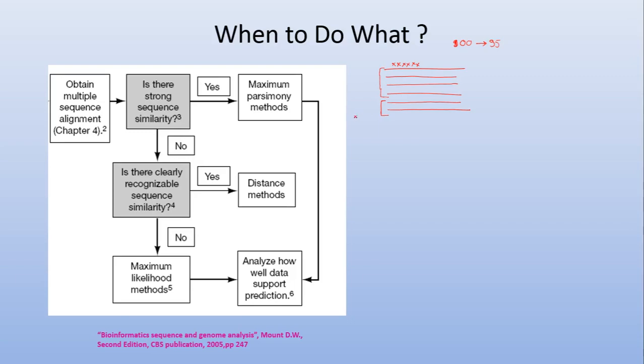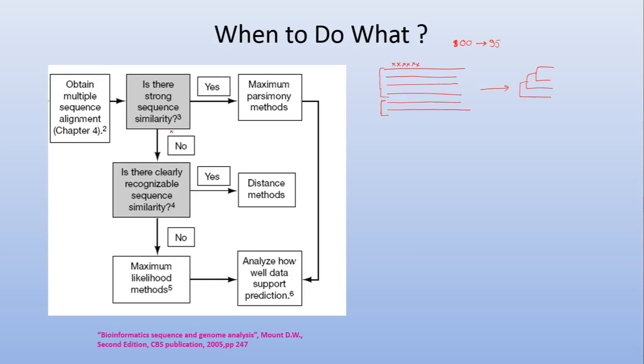At the end of these methods, you would be able to generate a tree by using any of the methods, distance based or character based. And finally, after tree reconstruction, you are supposed to analyze how well your data support your prediction.